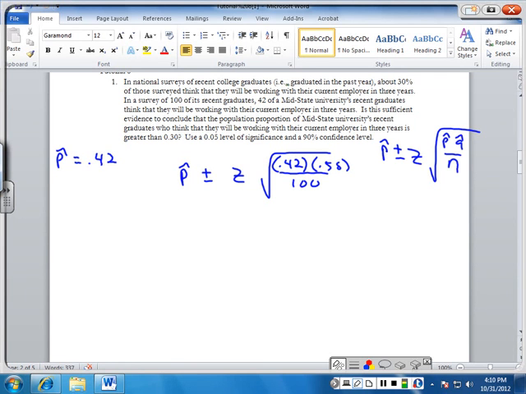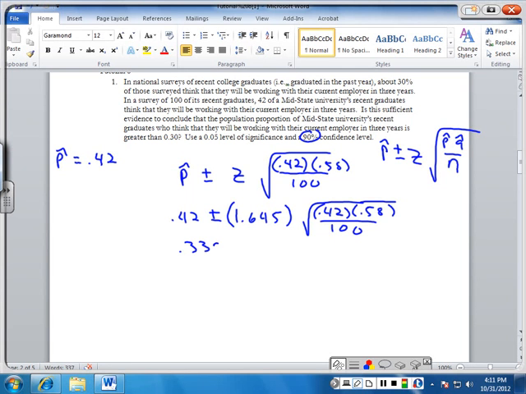Got a little bit ahead of myself there. So this would have been 0.42 plus or minus, for 90%, that's 1.645 times the square root of 0.42 times 0.58, that's just 1 minus the 0.42, divided by 100. And that all comes out to be 0.339 to 0.5011.